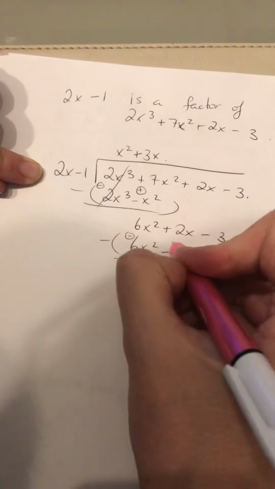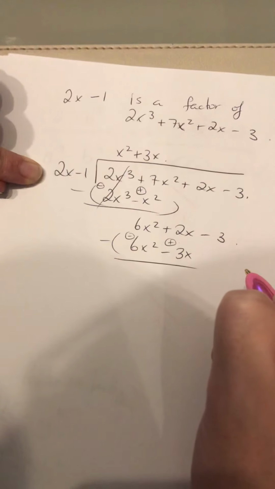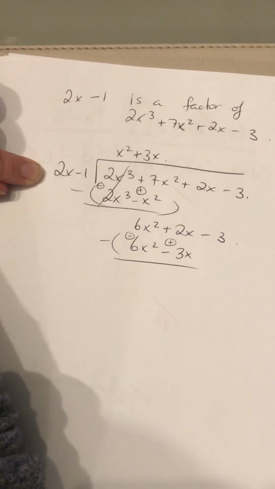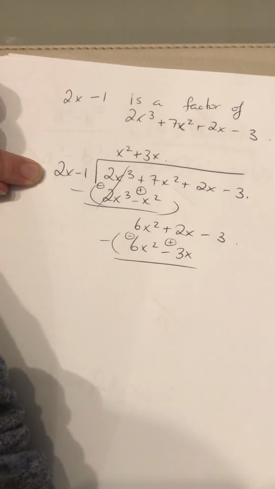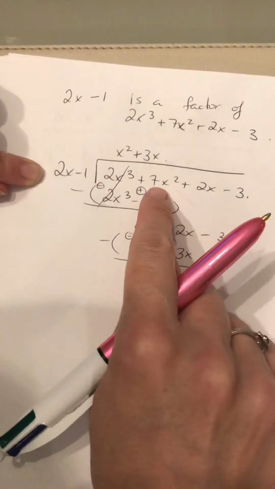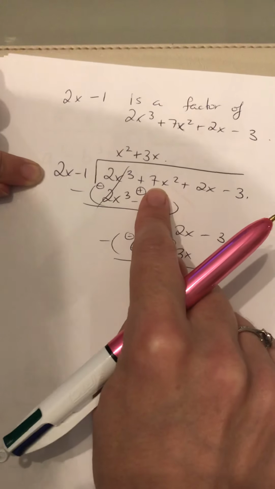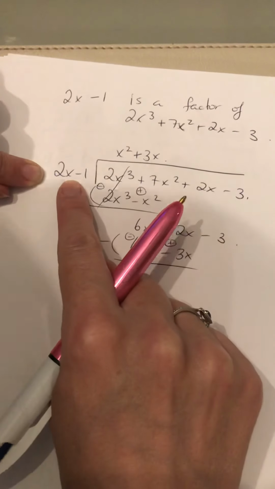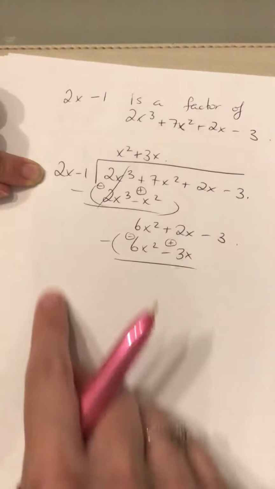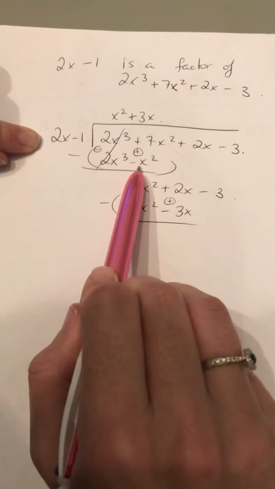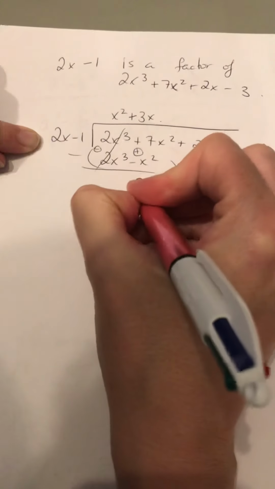Which gives me, now I'm just actually going to check that I take that down right. So 2x cubed plus 7x squared plus 2x minus 3 and 2x minus 1 is a factor. Sure, 2x minus 1 is a factor. So that gives me 1x squared. Oh, sorry, that gives me an 8x. There you go.